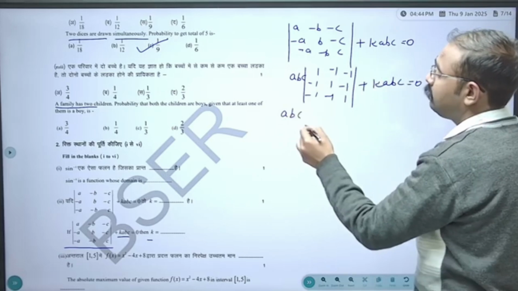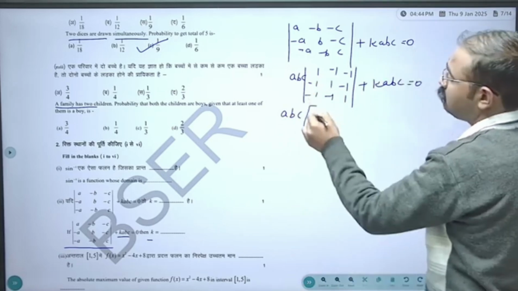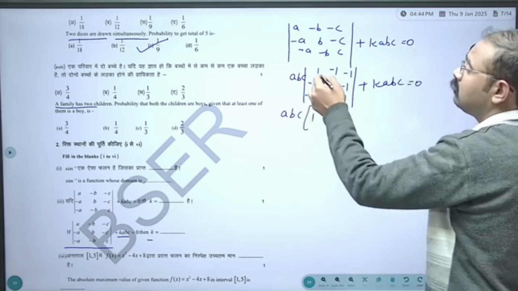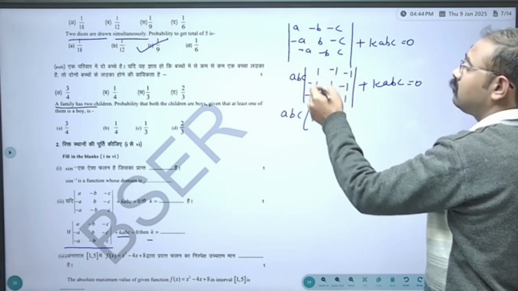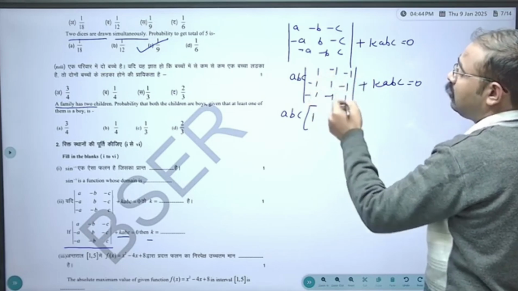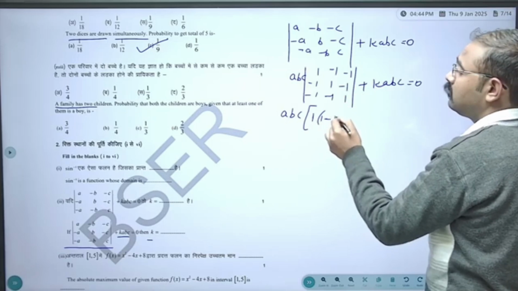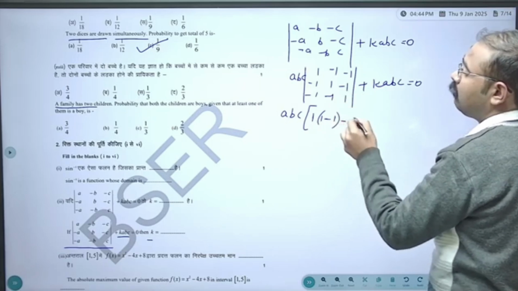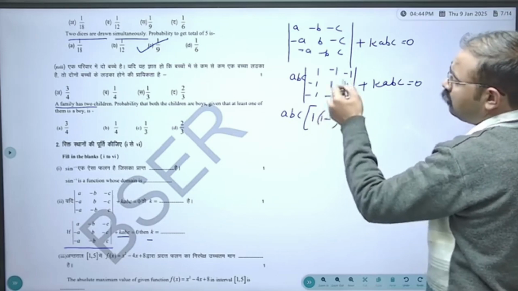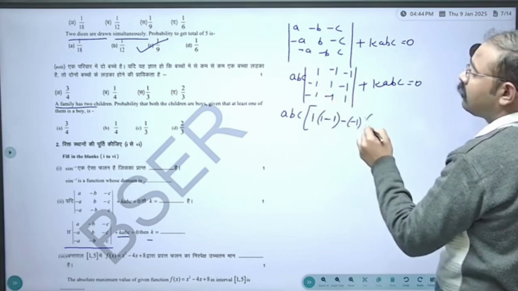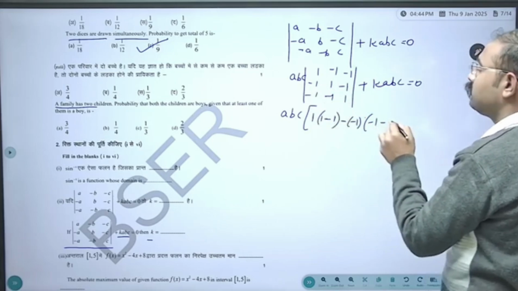Now this abc, by evaluating this determinant first along R1, then 1 by leaving this column and this row, 1 multiplied by (1 times 1 minus -1 into -1) plus 1. In between we have minus -1, by leaving this column and this row, -1 multiplied by (-1 times 1 minus -1 into -1), plus 1.